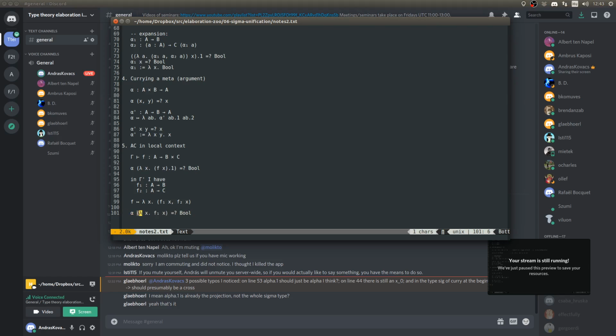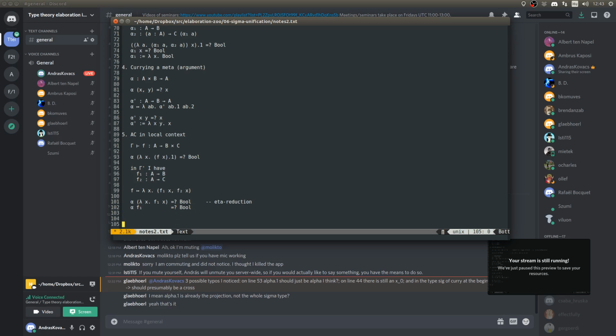But here you can see that this is eta convertible to just f1. So I can do an eta reduction, and then I get alpha f1 bool, and this means that I can do the usual pattern solution.